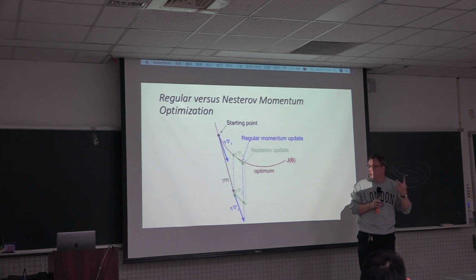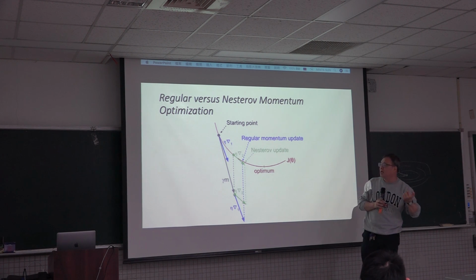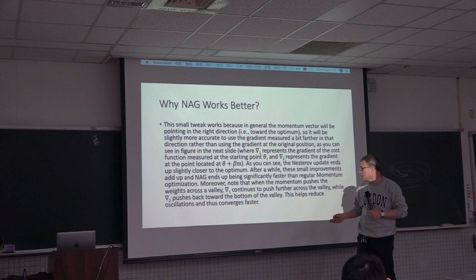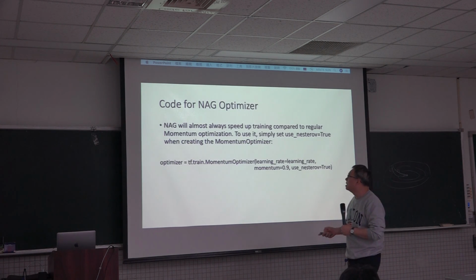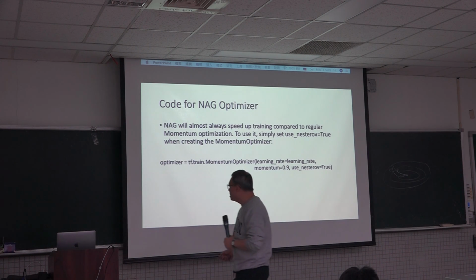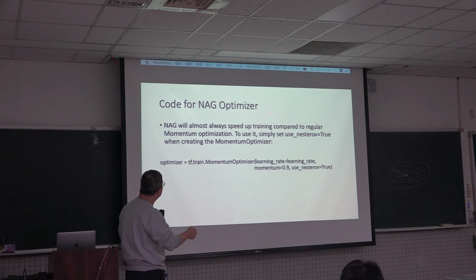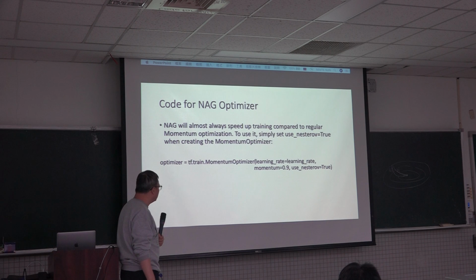So there are two advantages of this NAG optimizer. This is the technical code for the NAG optimization. Again, it's very simple. You can tell it's very similar to momentum optimization.